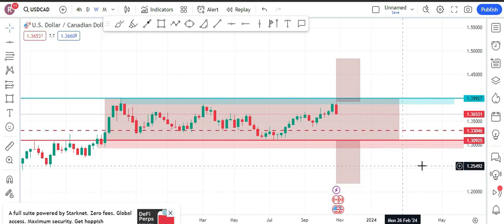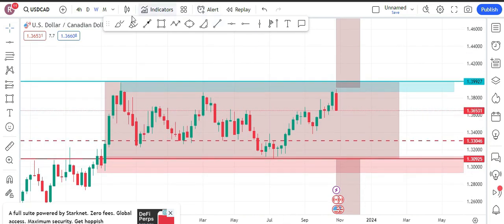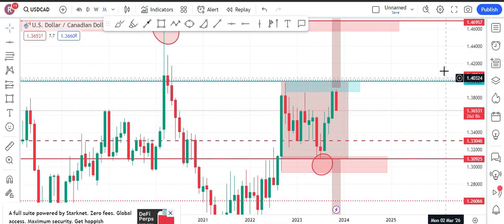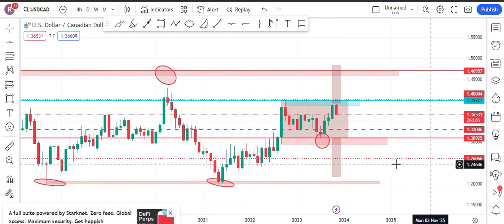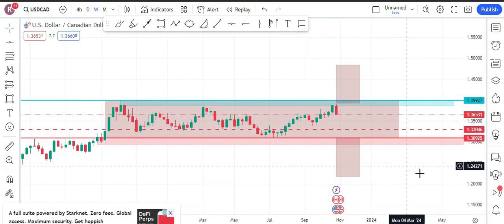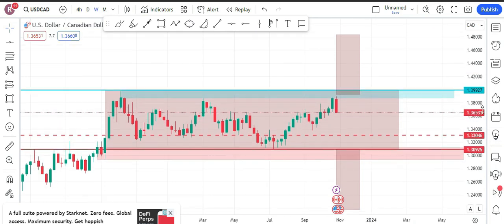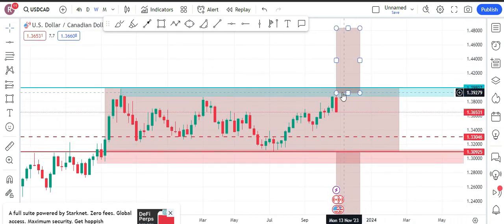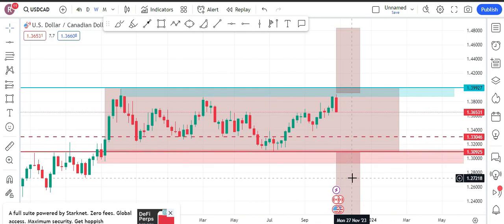So I suggest that considering month, there is no double top. Okay, so I suggest that we should wait for the breakout to be on the safe side.